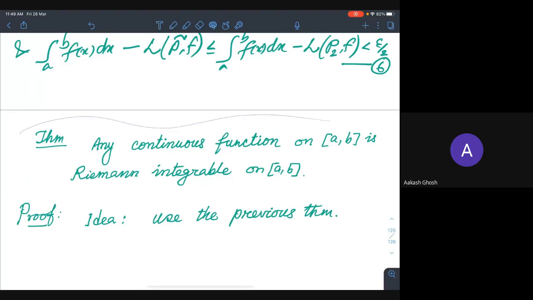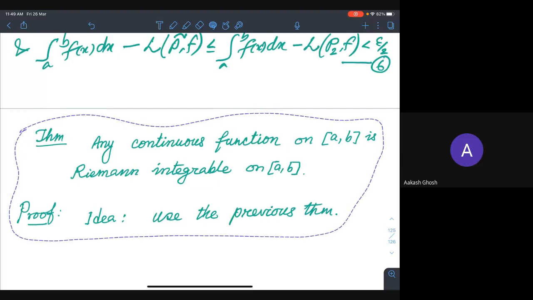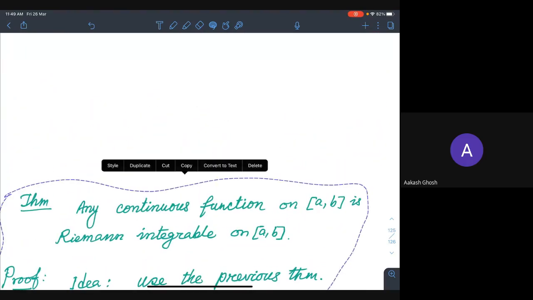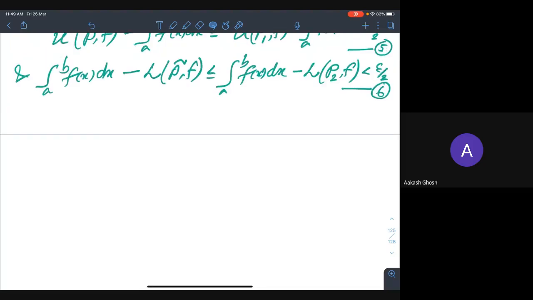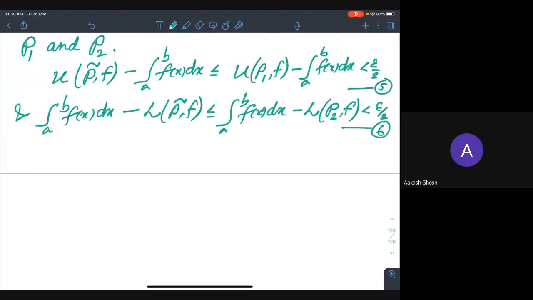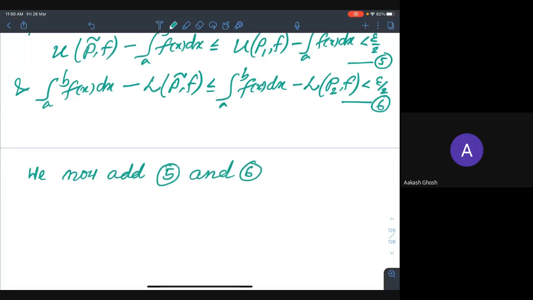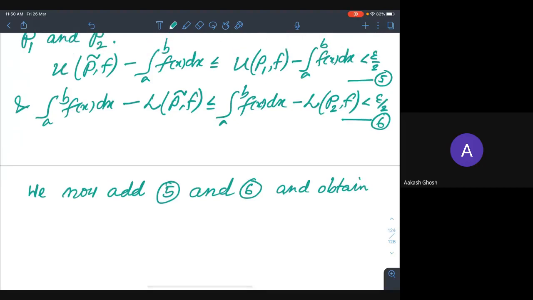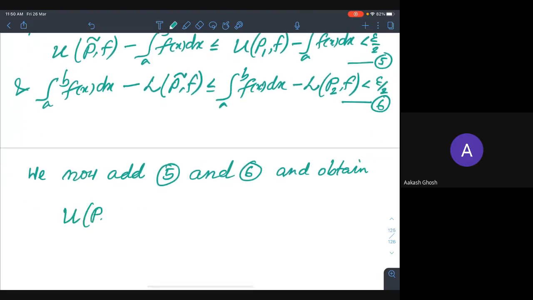Now we add 5 and 6 and obtain U(f) minus L(f) is less than epsilon. Right? Is this clear?